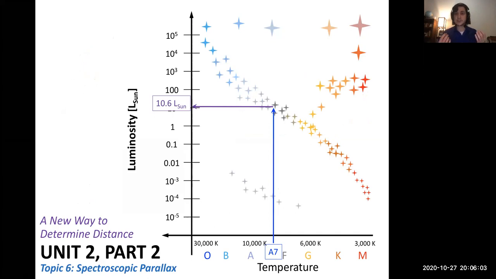Even though this is called spectroscopic parallax, it has nothing to do with parallax. In fact, the entire point of this method is to not use parallax. Yet for some reason, I guess because the strong association is that parallax is a measurement of distance, it's a stand-in for distance.